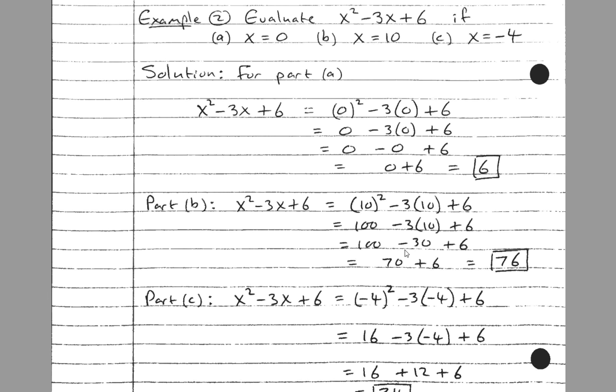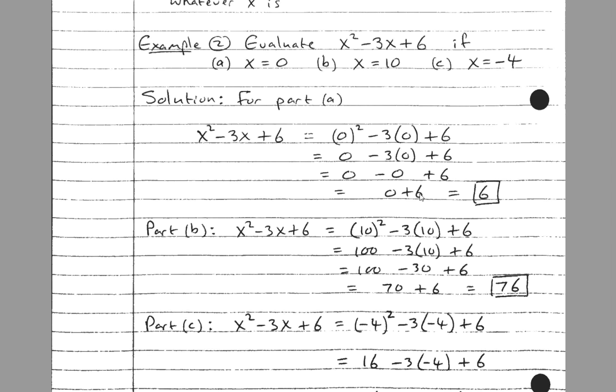So on the left here we have a subtraction. We'll do that first. 100 minus 30 is 70. Then plus 6, 76. Yeah, so just do these carefully, step by step. Pay attention to any signs.